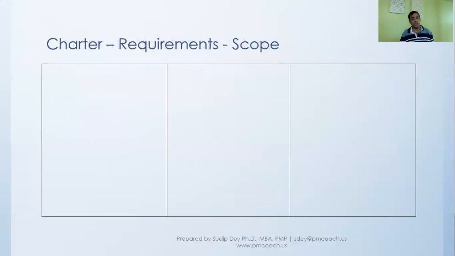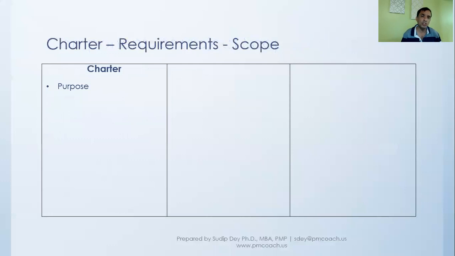Now, we talked about the charter, we talked about requirements, and we talked about the scope statement. Let's see how they are different. In some sense, they have a lot of similarity. Probably we might feel why we're repeating them, but let's compare them side by side, and it will tell us how different they are from each other.